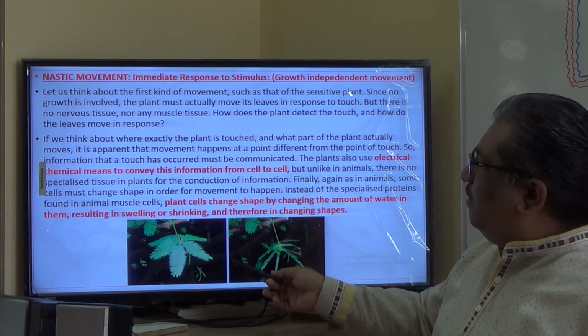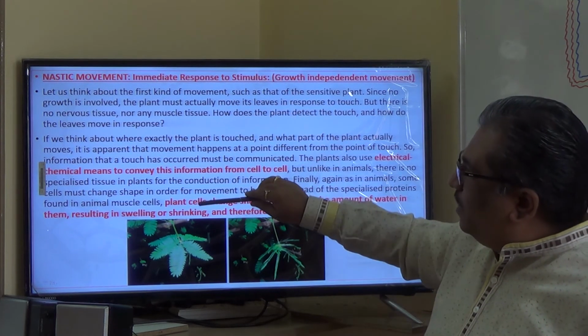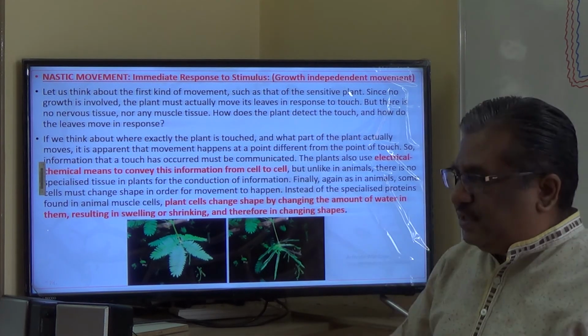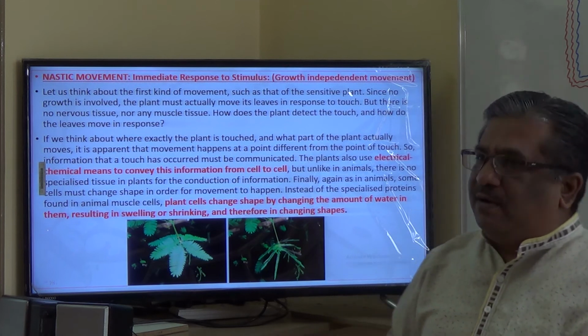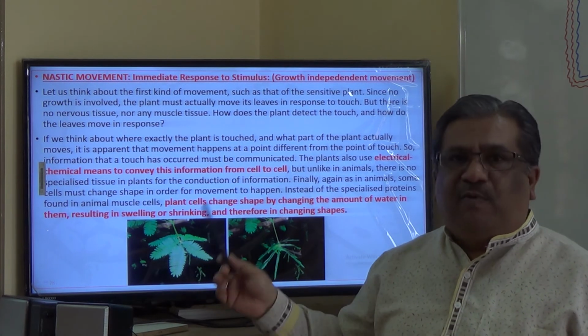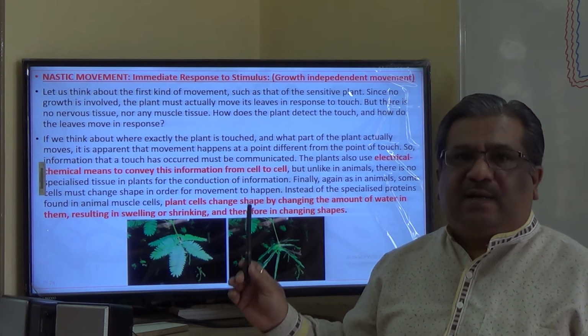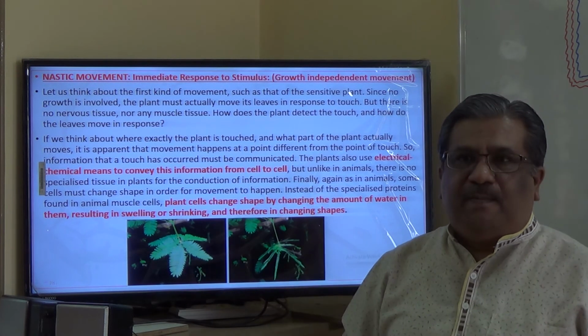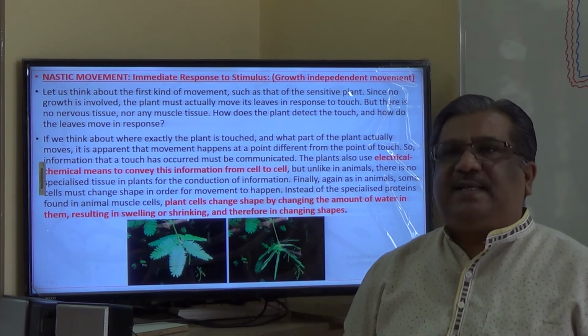This is the entire paragraph, which explains the reason for drooping and folding up of the plant leaves, touch me not plant leaves. So what do you expect in the exam?